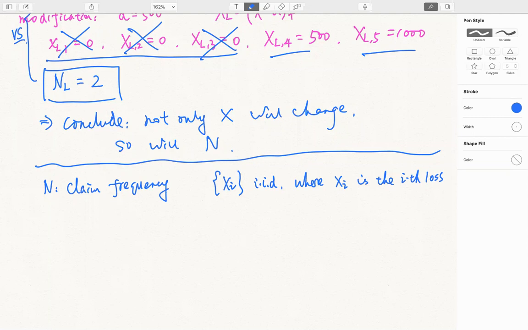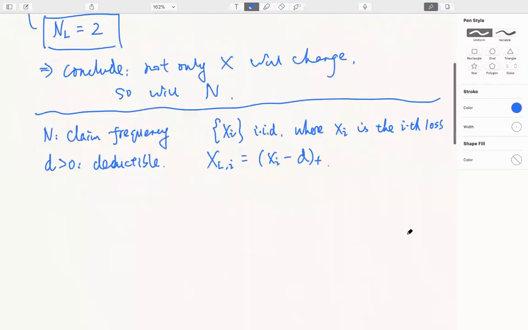We don't care about the new loss after applying the deductible, so we don't talk about XL, but we can still put it here. Let's say D greater than 0 is the deductible. Of course, we can introduce this as Xi minus D, taking the positive part. But the most important thing is we want to do something different. So let's introduce a new random variable, capital I with index small i.